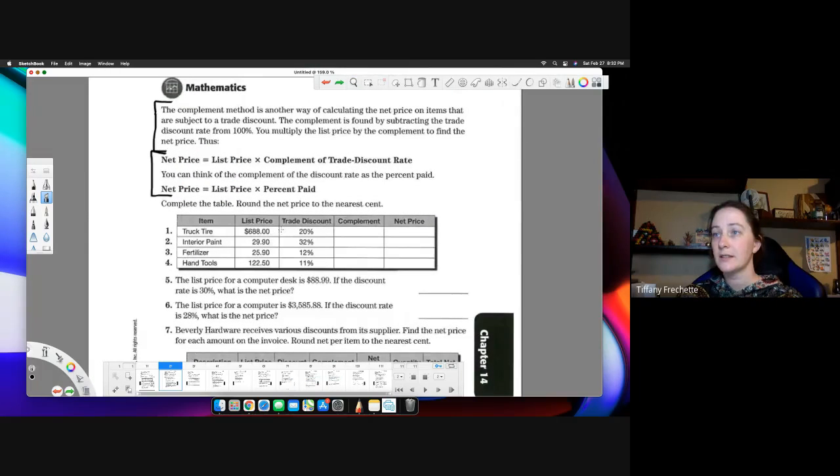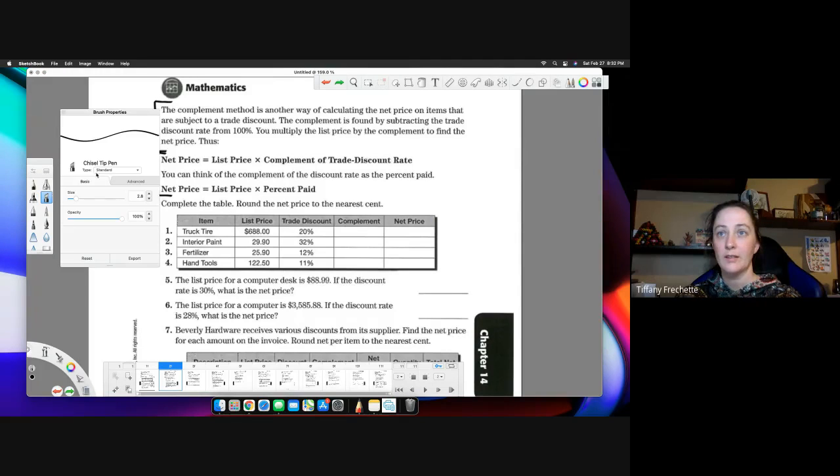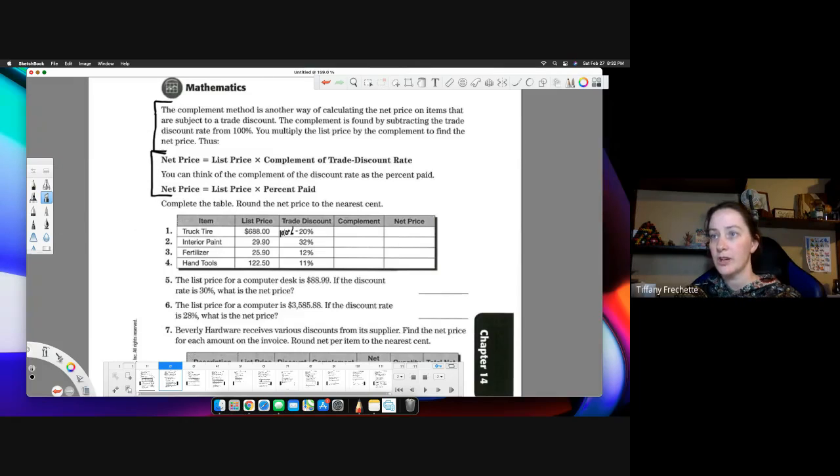I think it's the chisel marker that I'm using. Bring the size down a little bit. Okay, 100. That's a little better. Now it's not quite so giant in there. All right, so I'm going to subtract it from 100, and that's going to give me my complement right here. So 100% minus 20% is 80%.